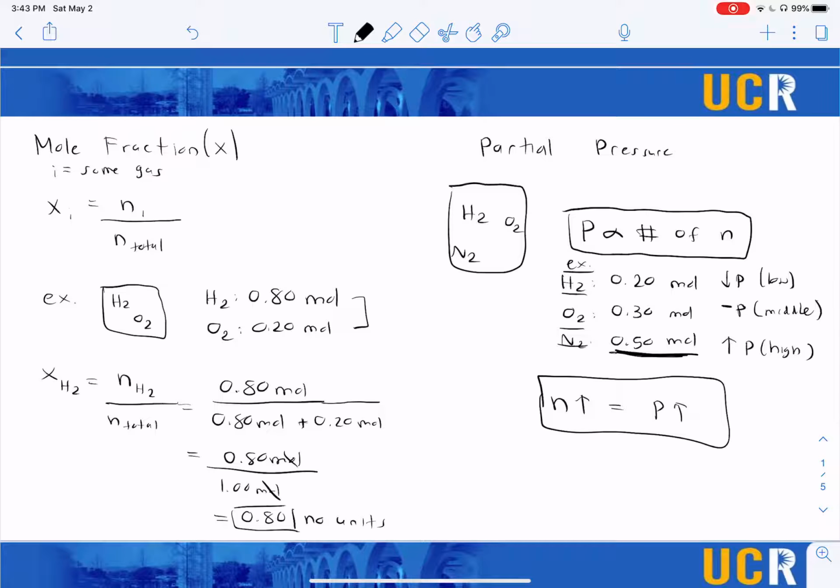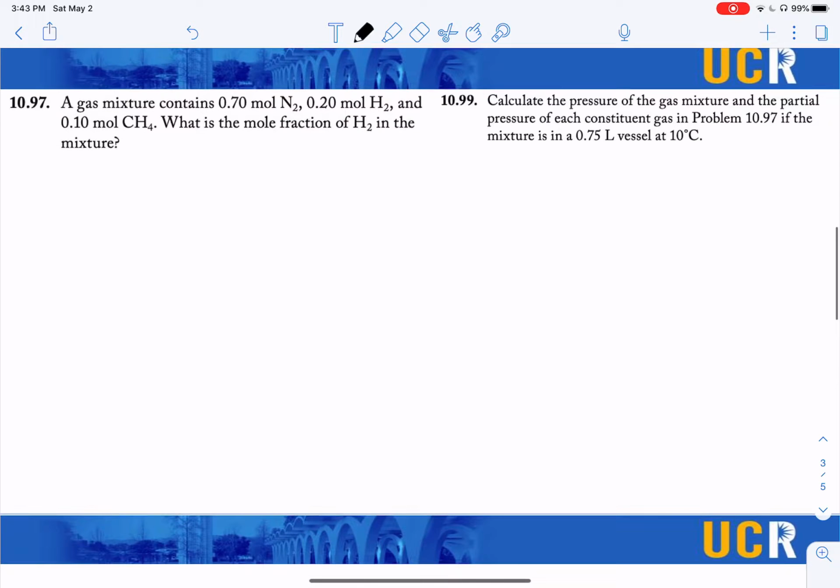Awesome. So moving on to an actual example. This first one in 10.97 is asking us what is the mole fraction of H2 given N2, H2, and CH4. So let's write that out. The mole fraction of H2 is equal to N of H2 over N total.